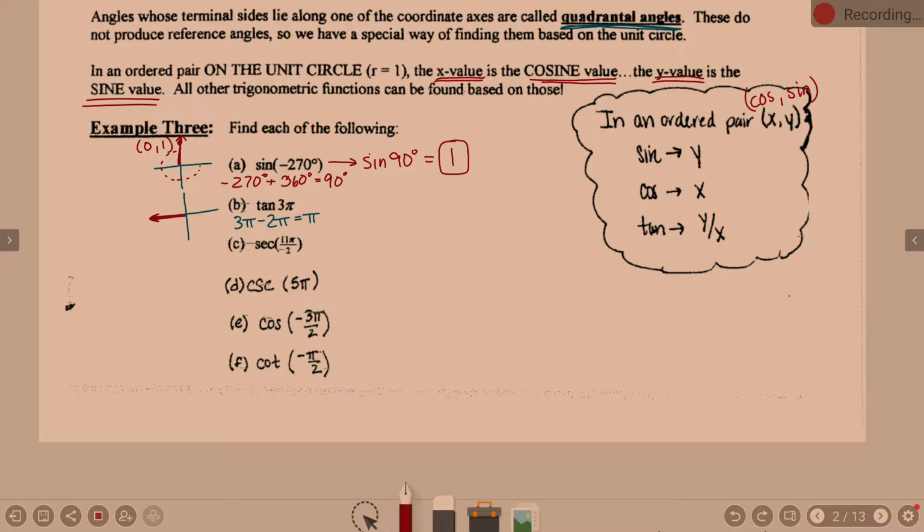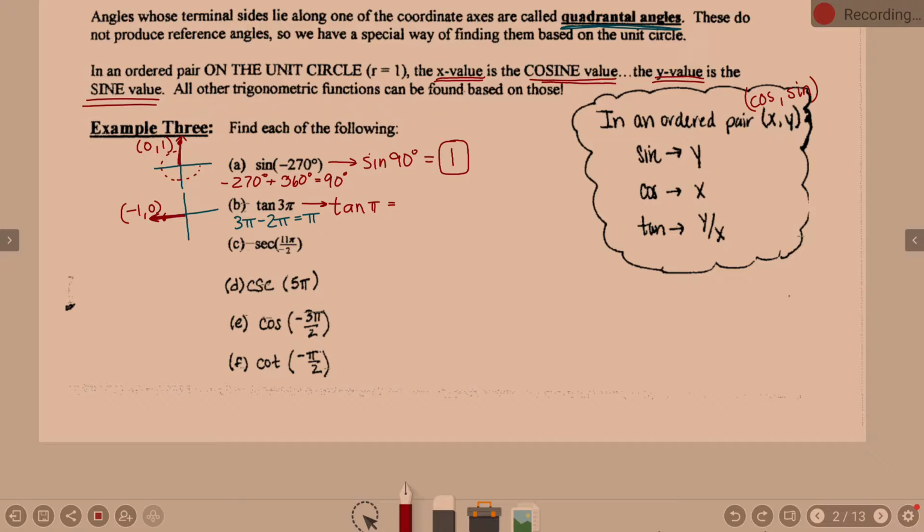What's the ordered pair that represents that left side? You would go left 1, up or down 0. So the ordered pair is -1, 0. What am I being asked to find? It was tangent of 3 pi, or in other words, tangent of pi.